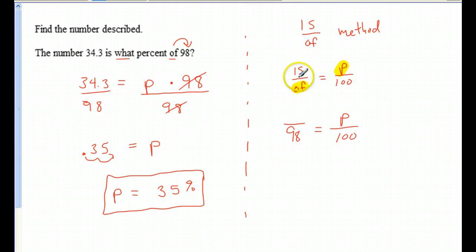If there are any other numbers left over, 34.3, that goes where the is goes. In this problem, 34.3 happens to be right beside is, so we could just go straight to there. But the reason I highlight these two is that it is very difficult in a percent problem to hide percent and of.